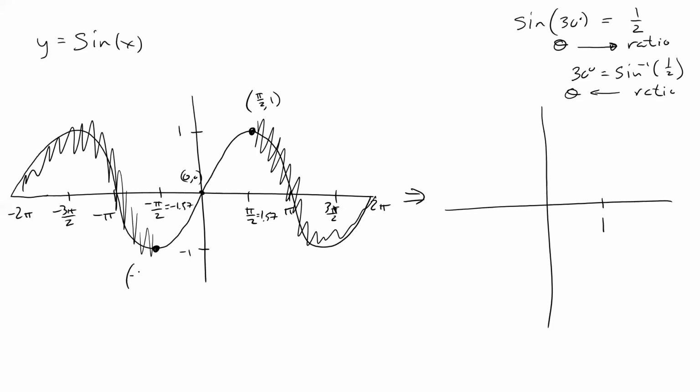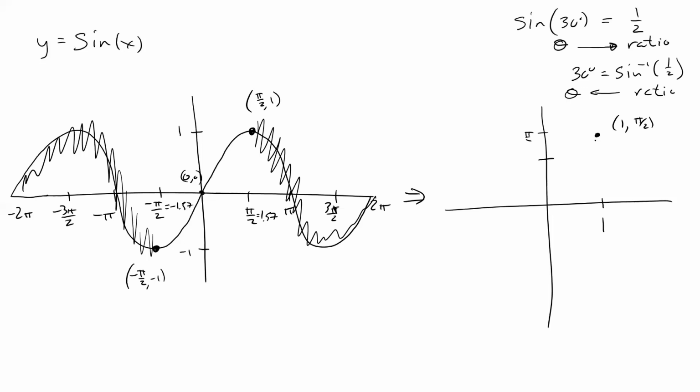This is negative pi over 2 comma negative 1. We're good? So we'll have to switch this around. Now the point that I want is actually 1, and pi over 2 is about right here. So the point here that I want is now 1 comma pi over 2.